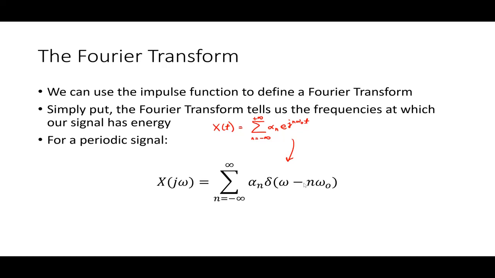So if I had an audio signal, for instance, that had an A note, a 440 hertz note, the louder that signal was, the more energy that signal has. So if I have a signal that has a small 1 kilohertz note and a really big 440 hertz note, I would know that the signal has energy at 440 hertz and 1 kilohertz.